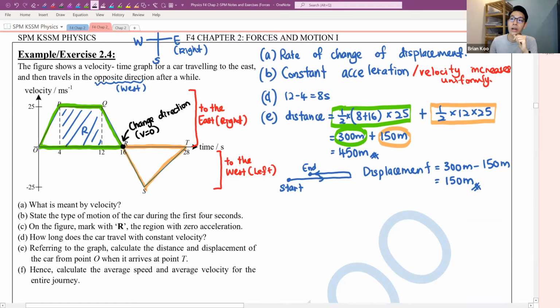That means you're going forward, and then go backwards. In this case, it goes to the east and then goes back to the west. In the question, they actually also state it for you already. It's just that I feel a lot of students will overlook this statement. The graph tells you one time, and the question above also tells you another time.